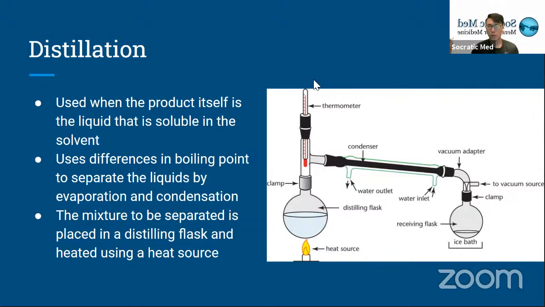So the thermometer is important because you have to monitor the temperature that the liquids come out at. The differences in boiling point are the deciding factor on what the identity of the liquid that comes out is.